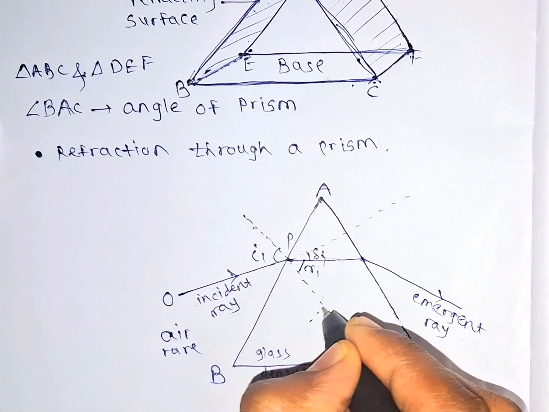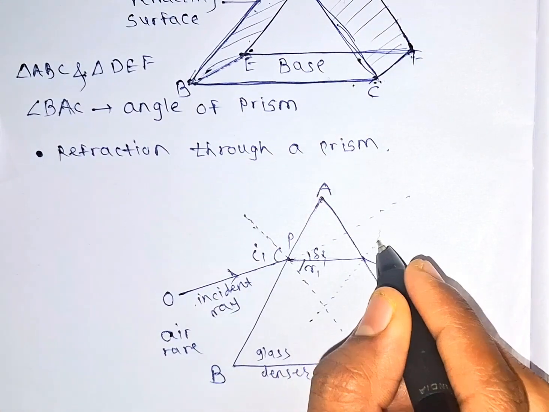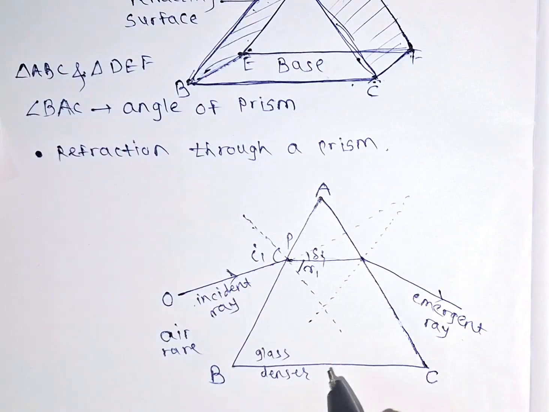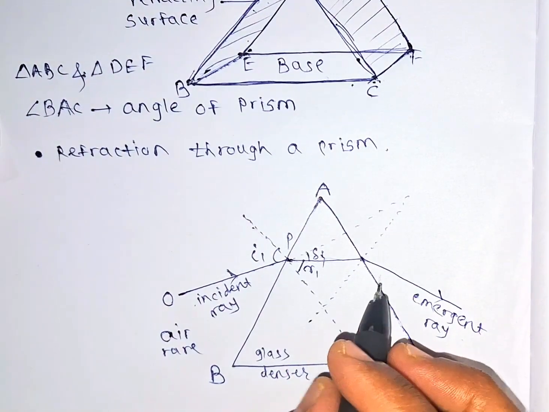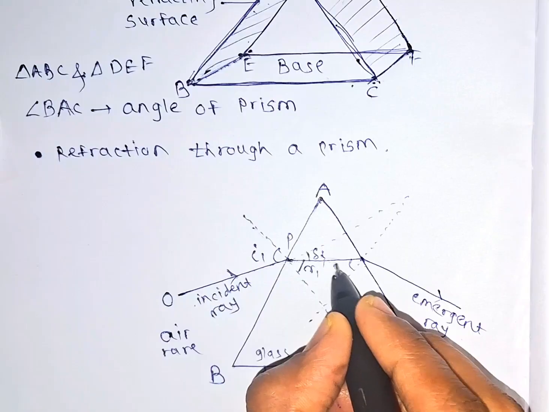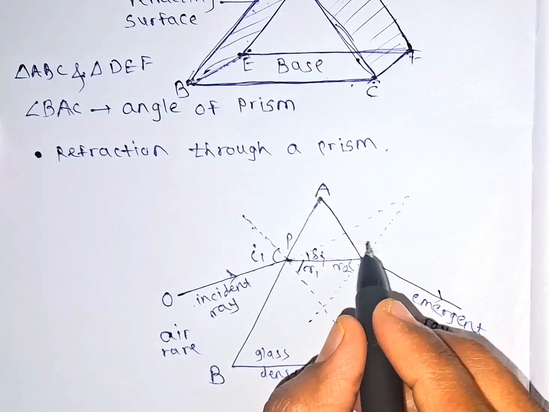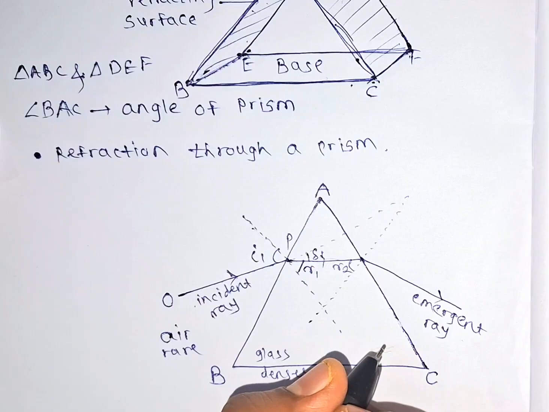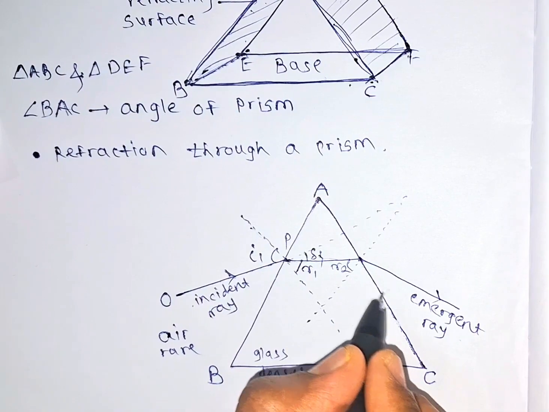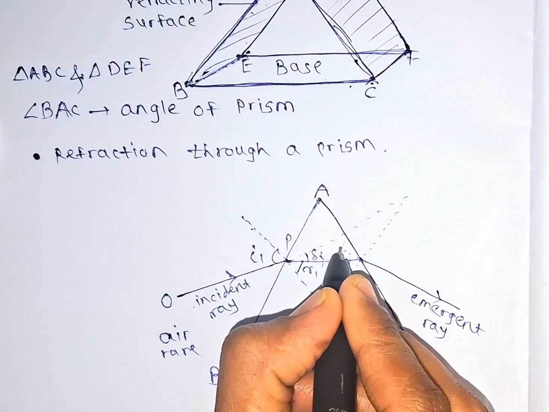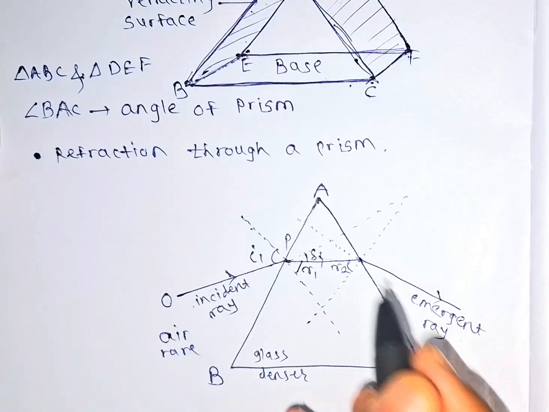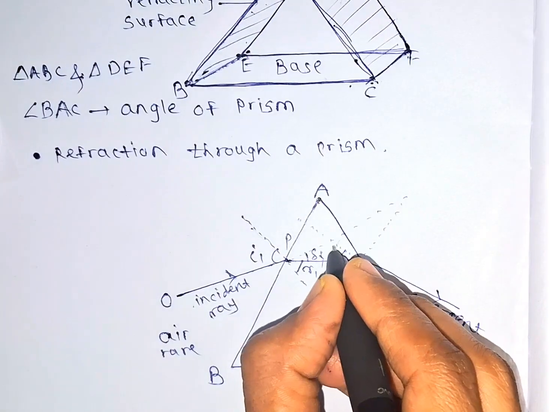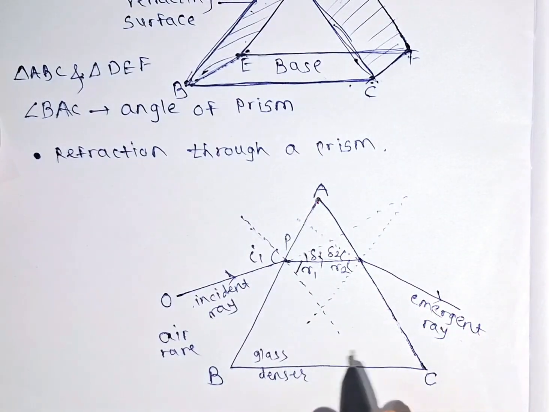Here we will draw again a normal, perpendicular to the surface. Here we get angle R2, and this emergent ray, as per the principle of reversibility of light, goes behind this, making deviation delta 2.